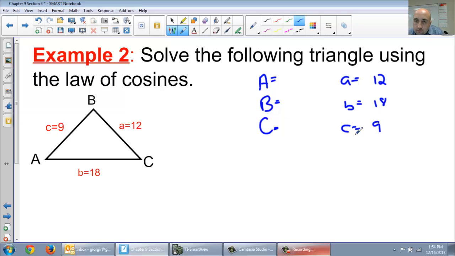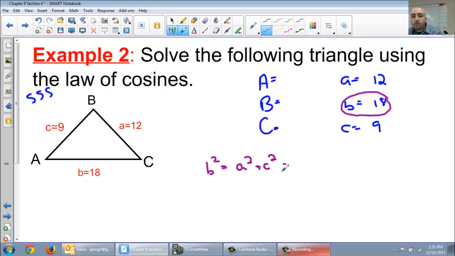Now, on a side side side, you always start with the biggest side. We're going to find the biggest angle first. So we're going to need b squared equals a squared plus c squared minus 2ac cosine of angle B. So you always start with the largest of the three sides when you're doing a side side side example.